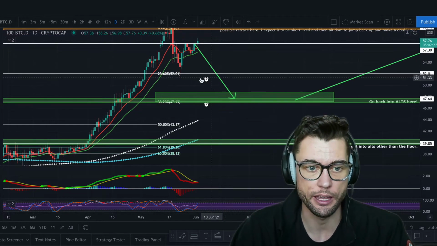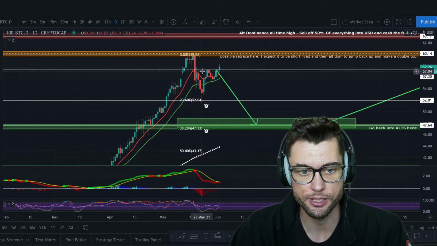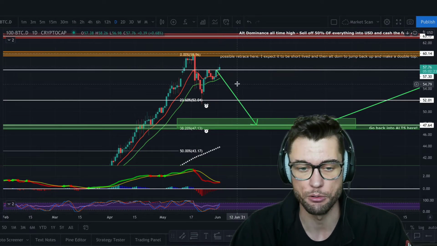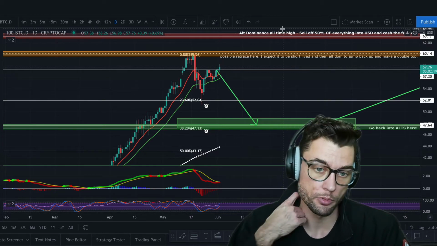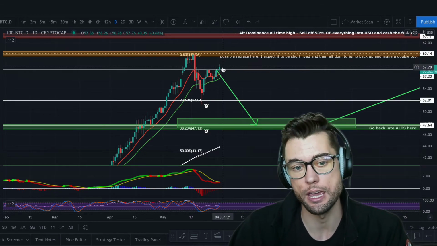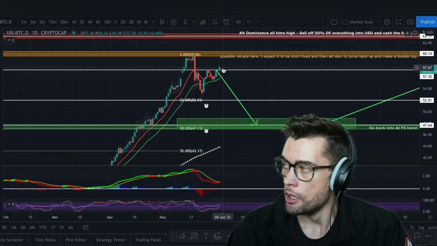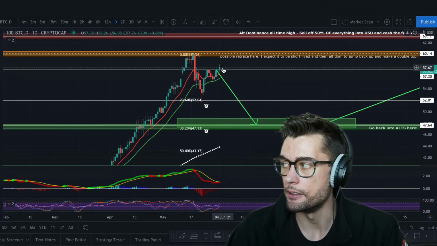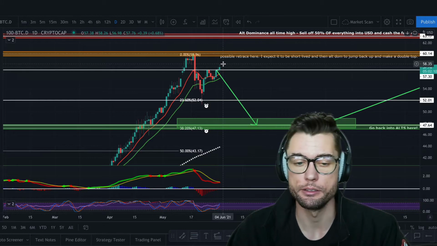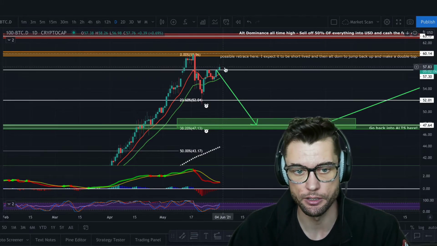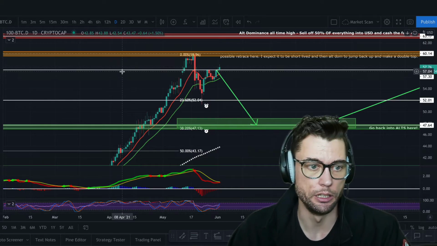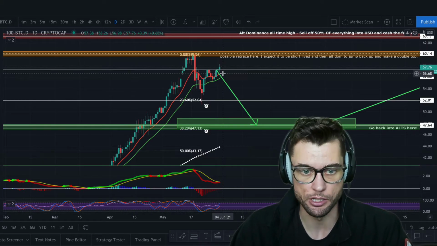I was thinking that altcoin dominance was going to hit the resistance and then fall back down. We were going to have a bearish, and then boom, come back up. Now, if this is a false breakout is yet to be seen. We have to wait 5 hours to figure that out, unless tomorrow it drops back down.